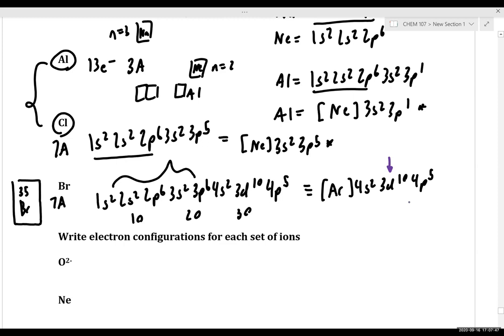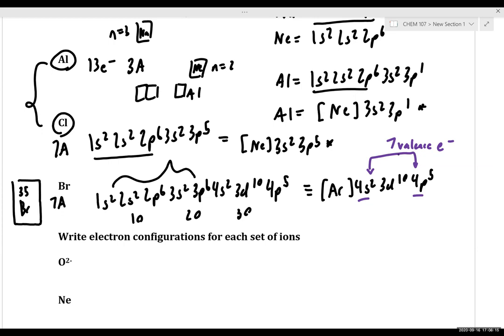Which of these electrons are in the outermost orbital with the largest n value? 4s2 and 4p5. Yep, exactly right. If we add up our valence electrons, we see that we have 7 valence electrons. These 3d electrons are core electrons, and they aren't as accessible for chemical reactions.